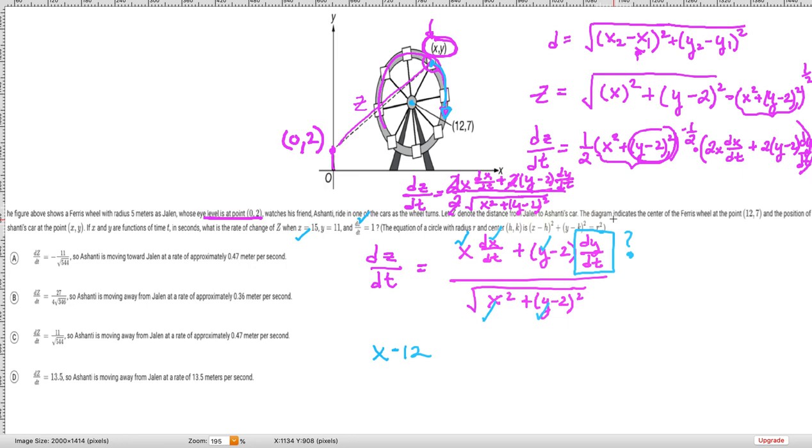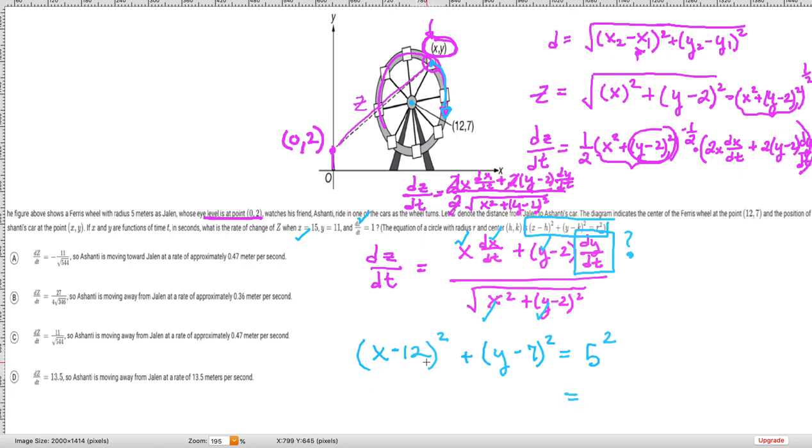So the equation of the circle is (x minus 12) squared plus (y minus 7) squared is equal to the radius squared. Now you could solve for the radius. The radius is 5, but it really doesn't matter because it's a constant.